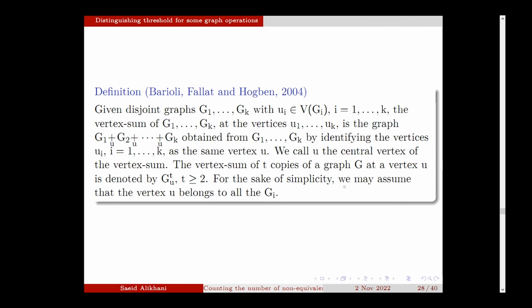The vertex sum of these K graphs is denoted by this notation, with U below the plus, and is obtained from G1, G2, and GK by identifying the vertices UI as the same vertex U. We call this vertex U the central vertex of the vertex sum, and the vertex sum of T copies of a graph G at a vertex U is denoted by G sub U to the T. For the sake of simplicity, we may assume that the vertex U belongs to all of the G sub I.